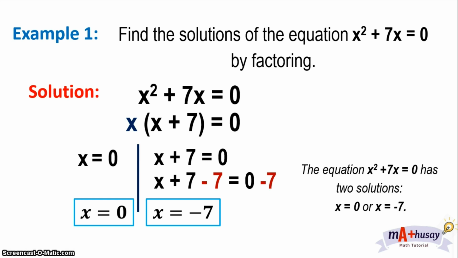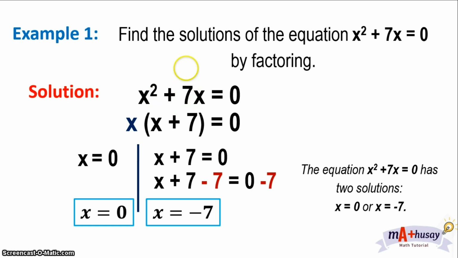Now, let's check if our solutions are correct. Take note, when we substitute x equals 0 into our original equation x squared plus 7x equals 0, 0 squared is still 0. 7 times 0 is still 0. So, the equation holds true. If we substitute negative 7, negative 7 squared is positive 49.